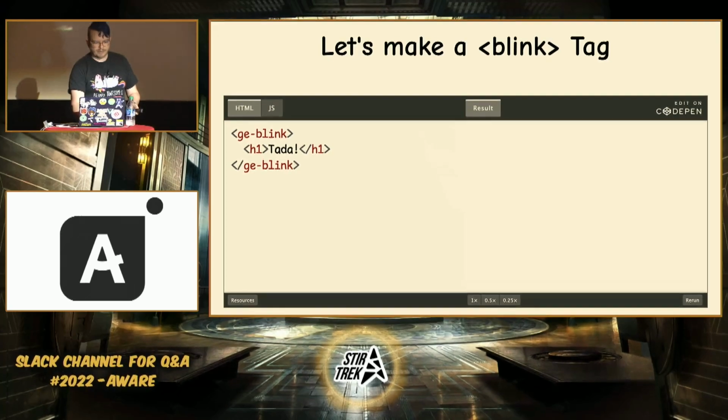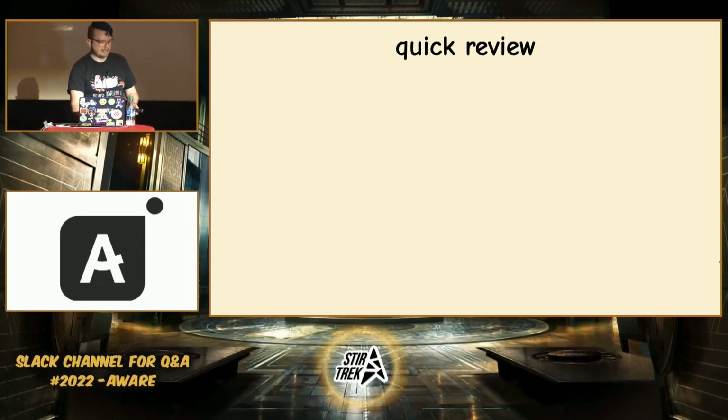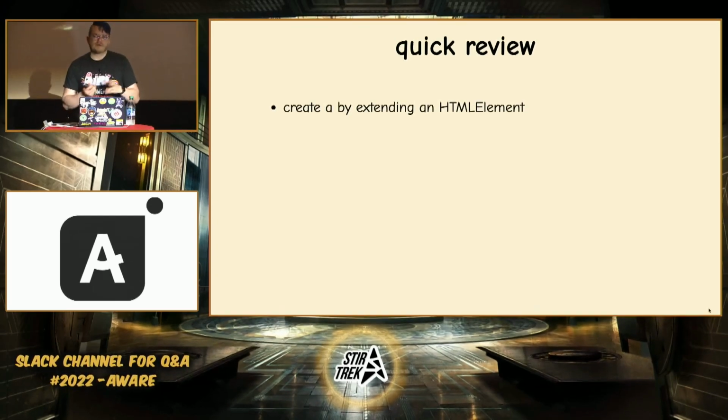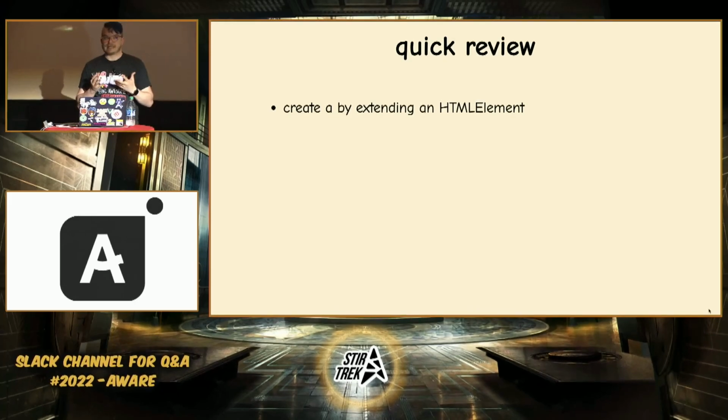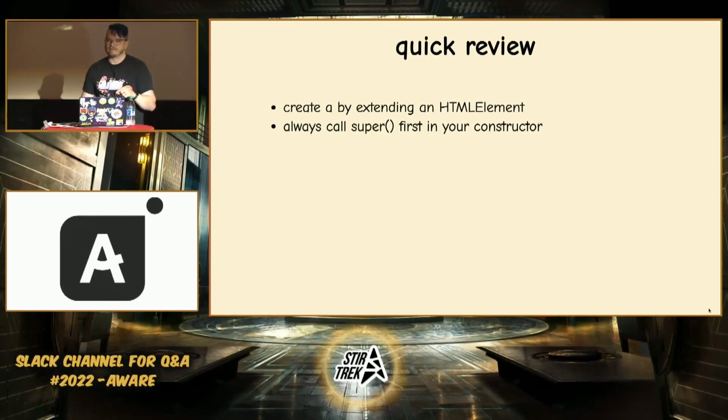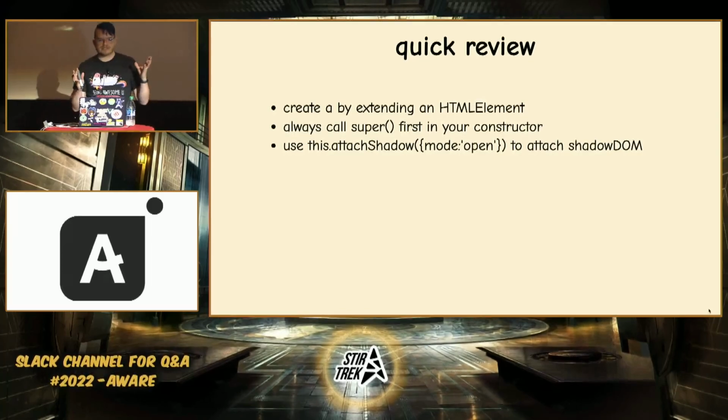So let's do a quick review and make sure that I didn't miss anything that I am supposed to explain. You create a new custom element by extending an HTML element. You always want to call super first in your constructor because that activates the HTML element. Use this.attachShadow to attach the shadow DOM.